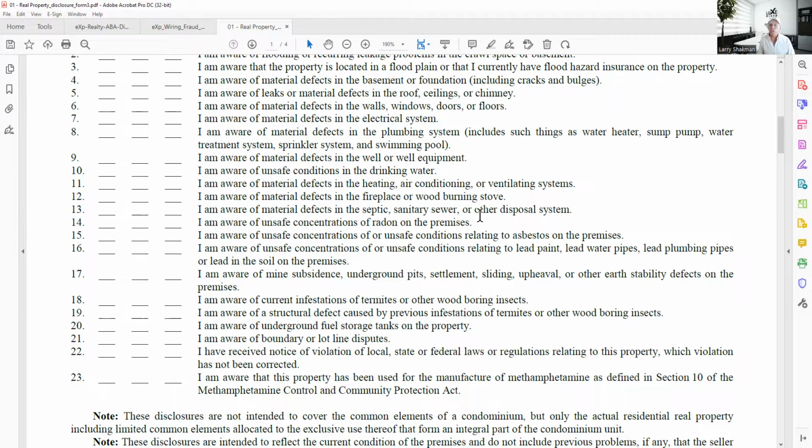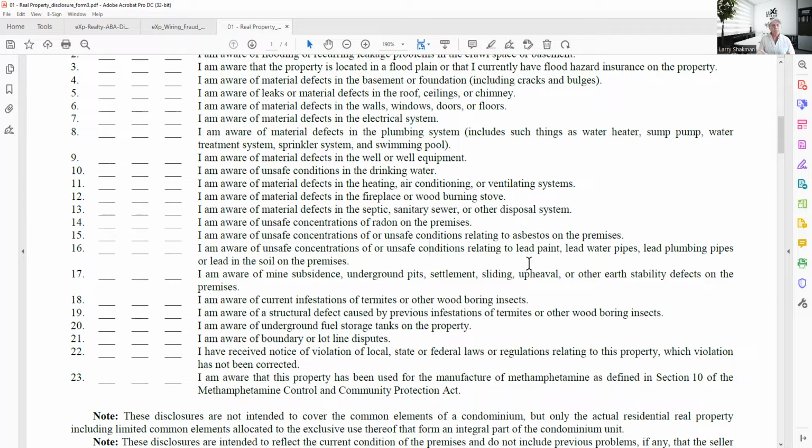So even though you're going to fill out a radon disclosure, this real property disclosure also touches on any radon issues. So number 15, are you aware of any unsafe conditions relating to asbestos on the premises? Sometimes old basements will have ceiling tiles that have asbestos in them.